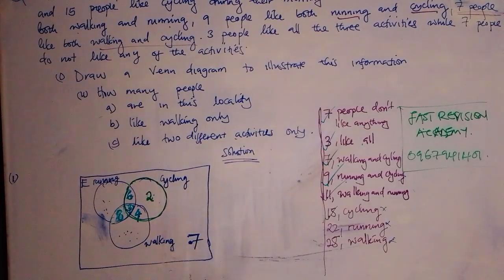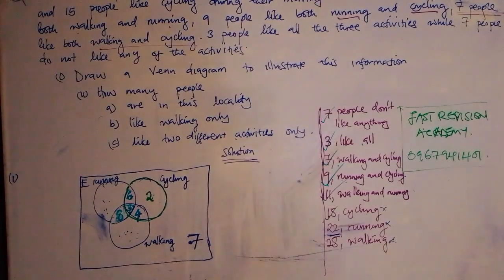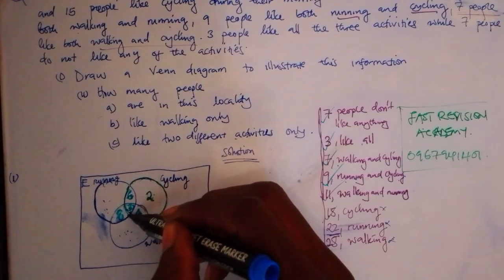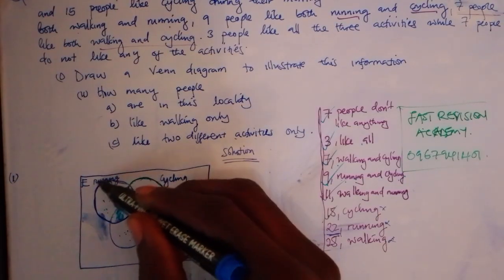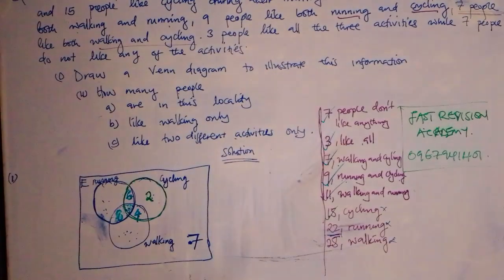So, moving on to running. So those people who liked running, they were how many? 22. But here again is the tricky part. When you follow this circle, you can see that we already have 6 plus 3 plus 8 people who liked running already.